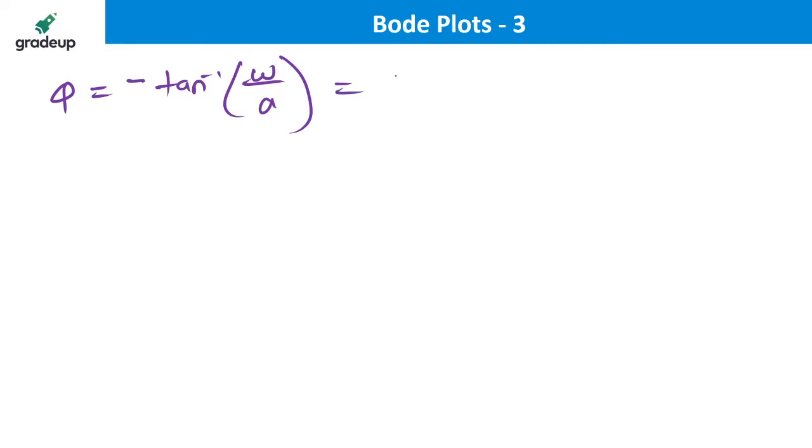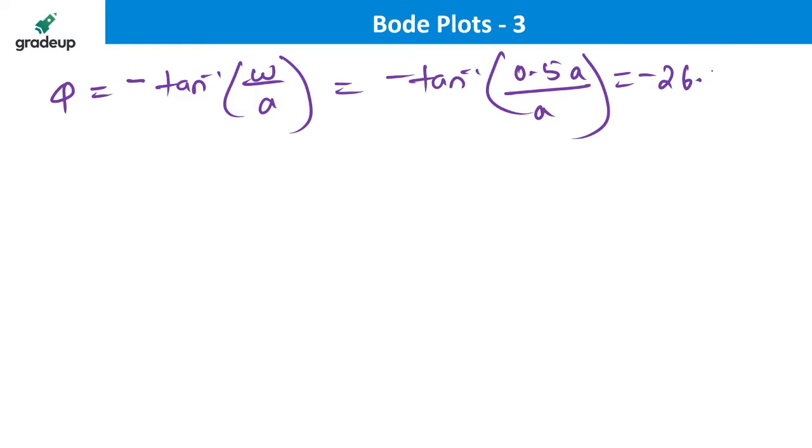And that is minus tan inverse of 0.5a divided by a. a and a cancel, so just tan inverse 0.5. So this is coming up as minus 26.56 degrees. Right, now this is the actual phase. From the Bode plot, what is the phase?